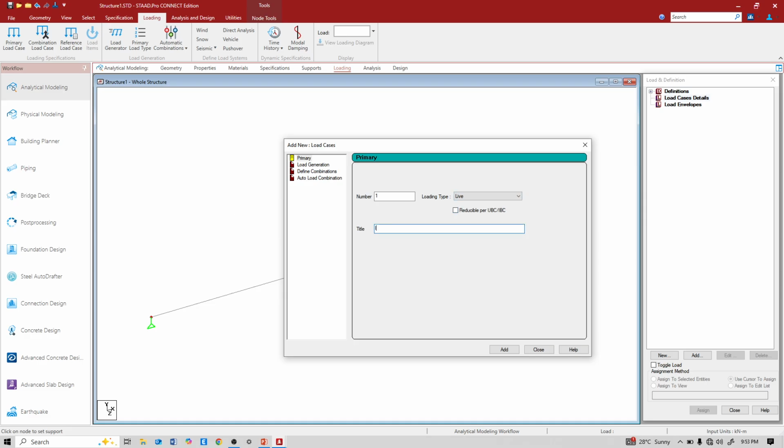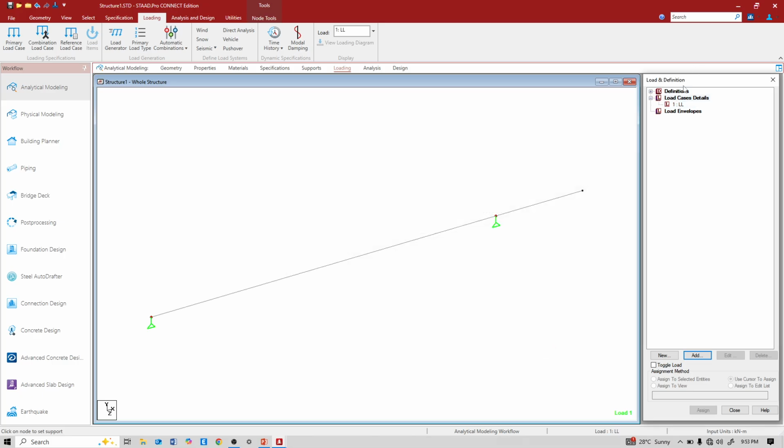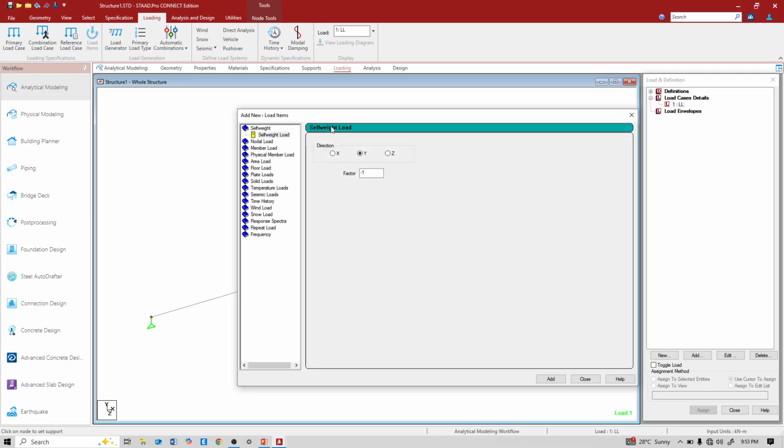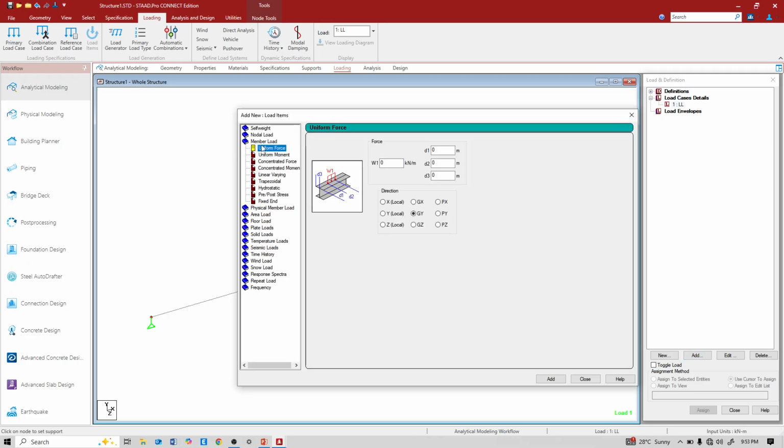Live load, uniform force minus, because this is a downward force, 30 kN per meter, and D1 is 0 and D2 is 2.